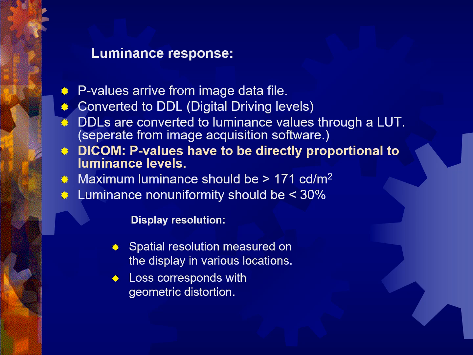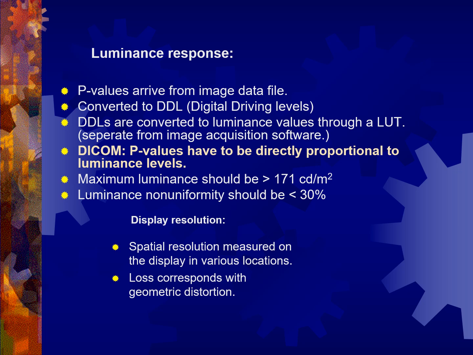The conversion to the digital driving levels, which are basically the voltage values for the pixels, has to be a directly proportional conversion, okay? So bright white should be, according to the Carroll model, the lowest voltage, and black should be the highest voltage in the digital driving levels.